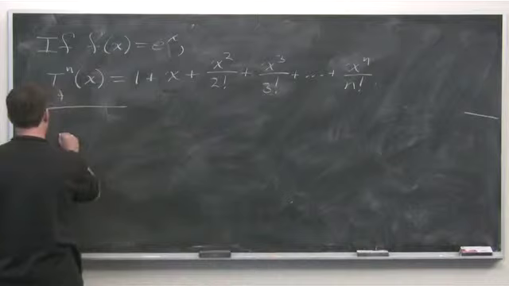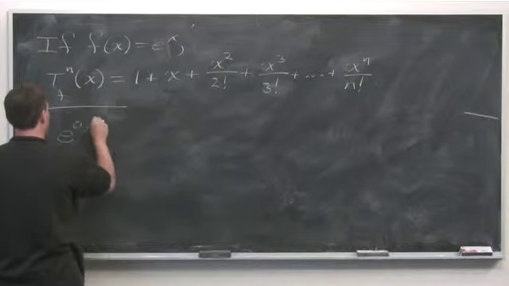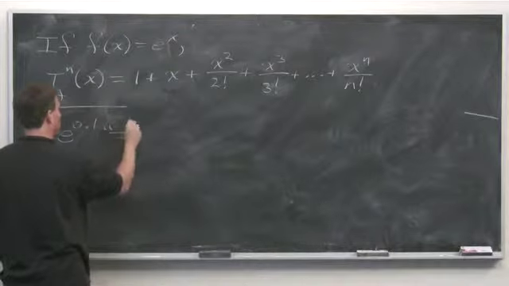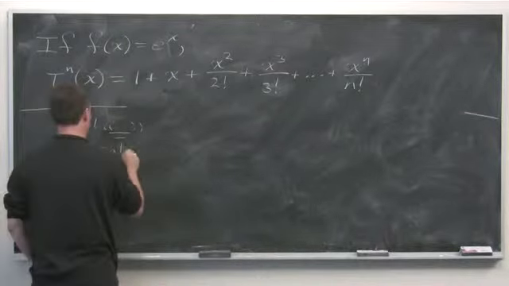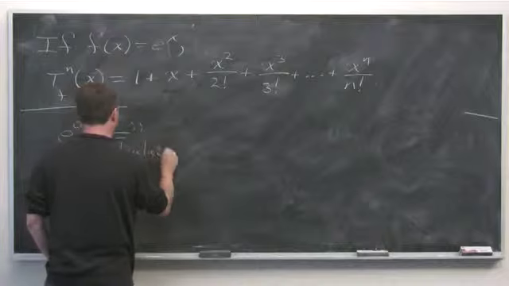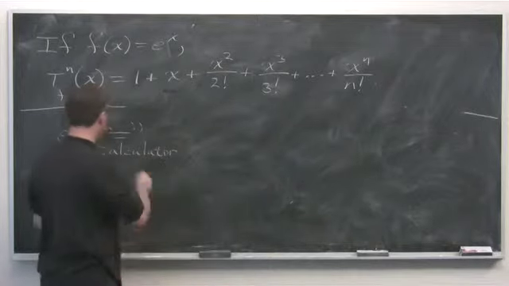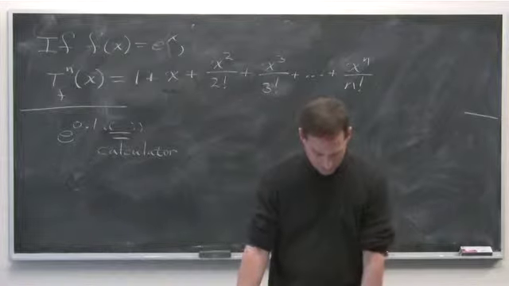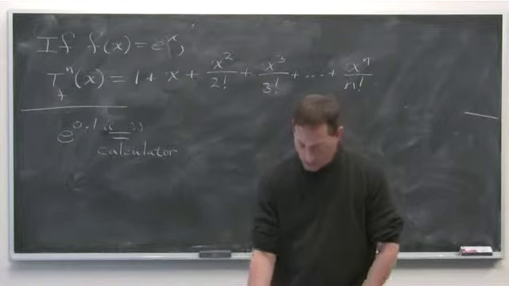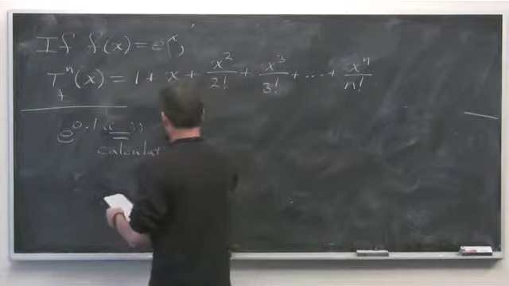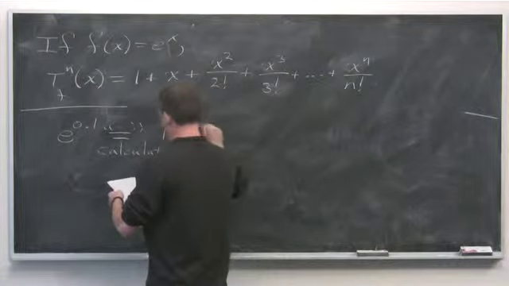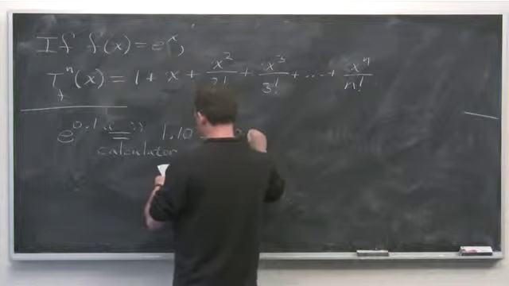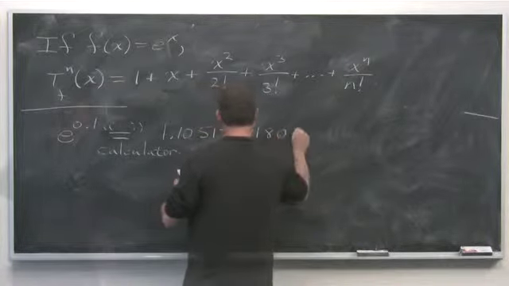So let's look at e to the 0.1. According to my calculator, to the full precision of my calculator display, e to the 0.1 is 1.105170911808.